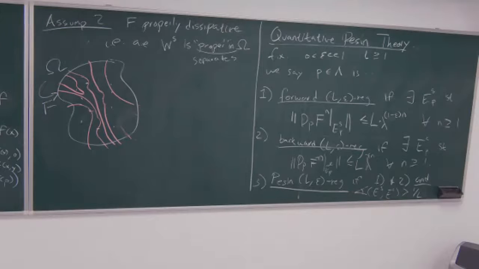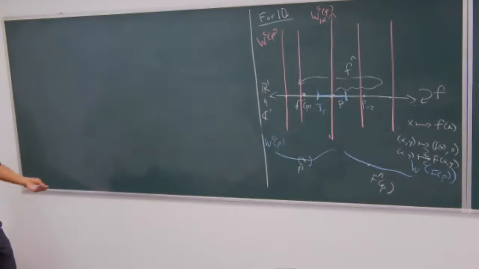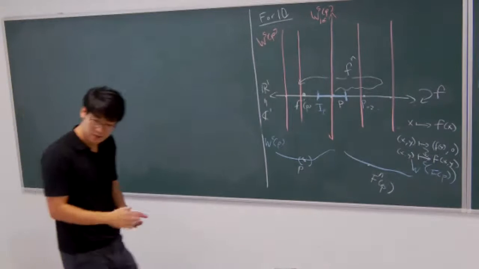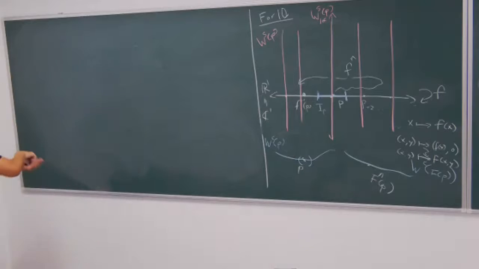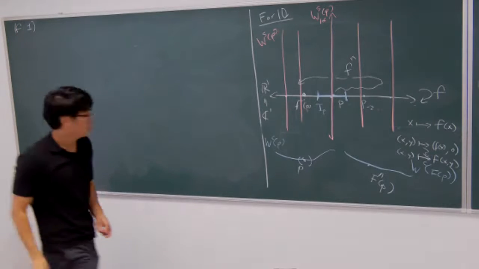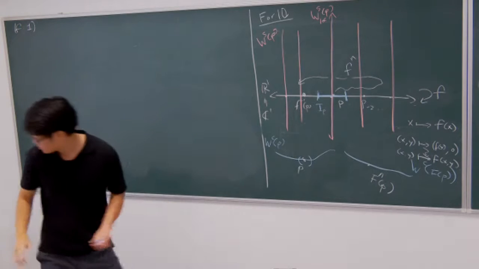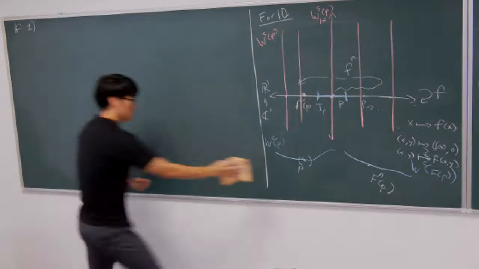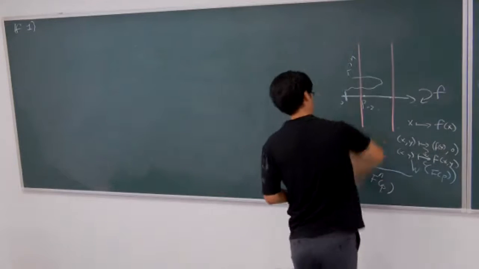Number 1 and number 2 give you a similar thing, so I'll tell you in detail about number 1, and then number 2 will be something analogous. So if you have forward regularity, what does that give you? Let's say you have forward regularity for this point P. Actually, I need to draw a picture as well, so let me erase this and use this to draw a picture.